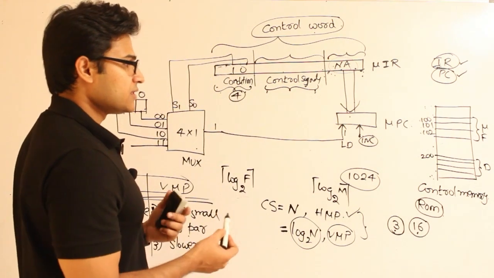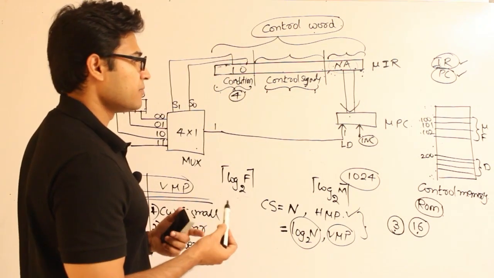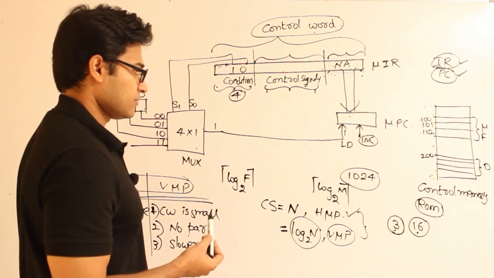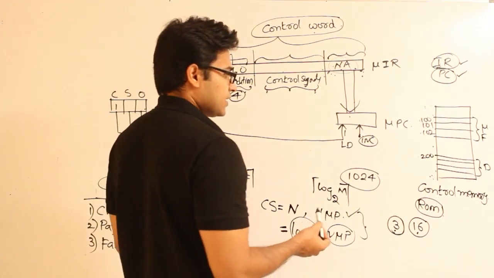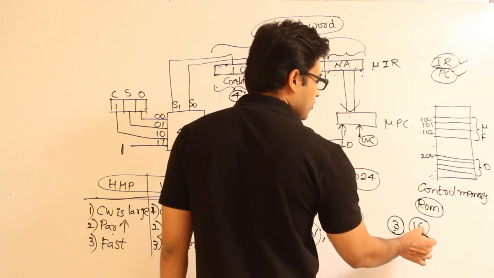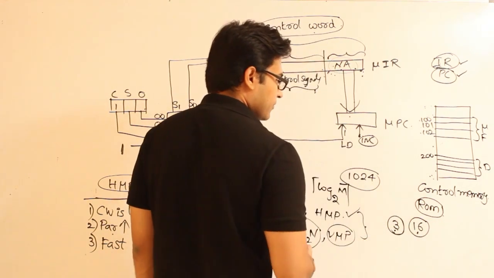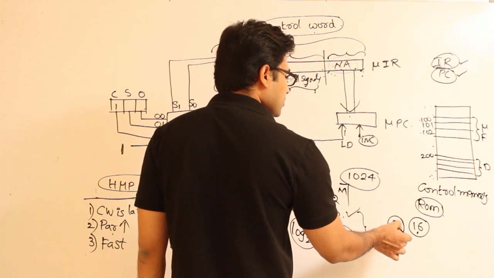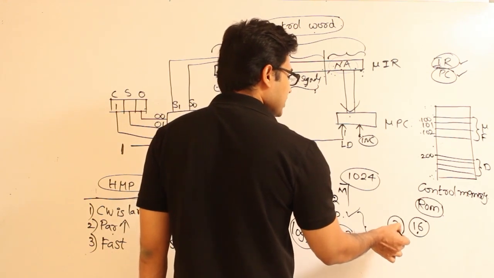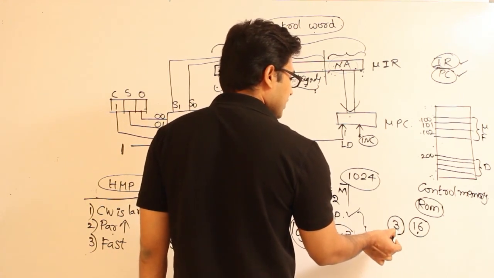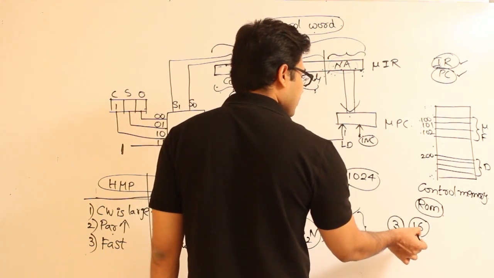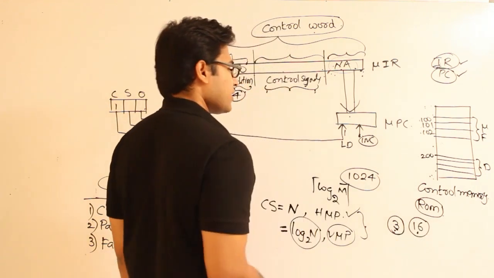Then try to design a best possible hybrid control word system. Are you getting this? The question is, we have 19 control signals in total, out of which 3 control signals might have to be generated at the same time, and in the remaining 16 control signals at any time only one of them may be required.